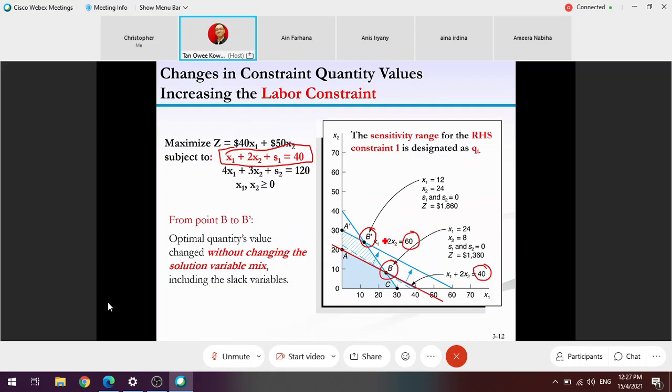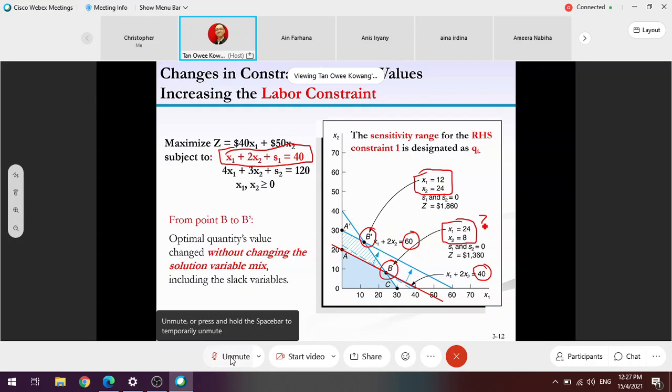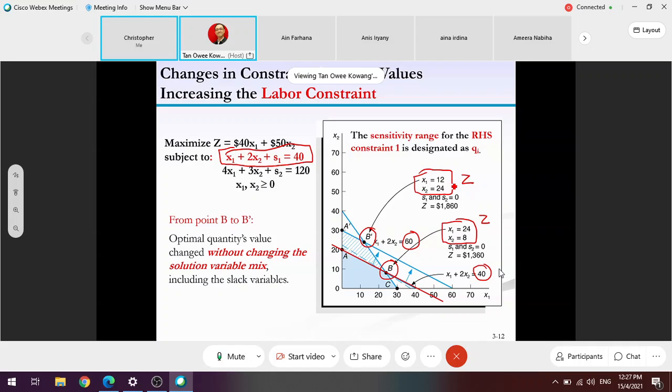What happens? You can see that the quantities for Mark and Bowl change, however, the solution mix remains the same. Agree? This is still producing two products. Am I right? I already explained this earlier.